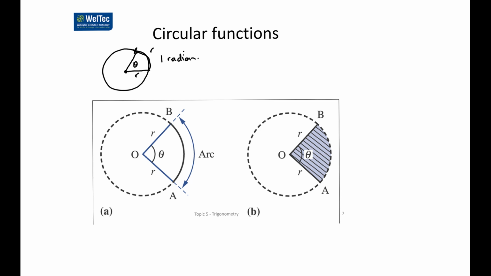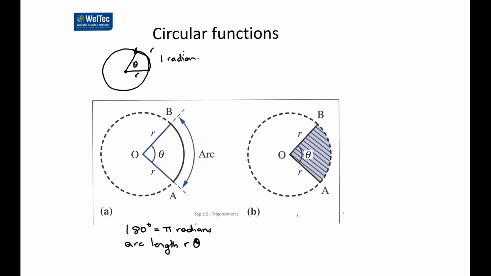And so some things come from that. We get that 180 degrees is equal to pi radians. And the arc length that's drawn in there from A to B, the arc length is r times theta, but only if theta is in radians.